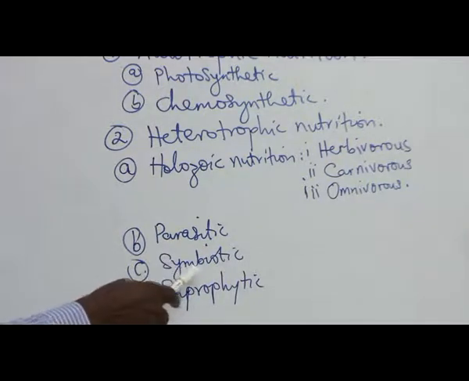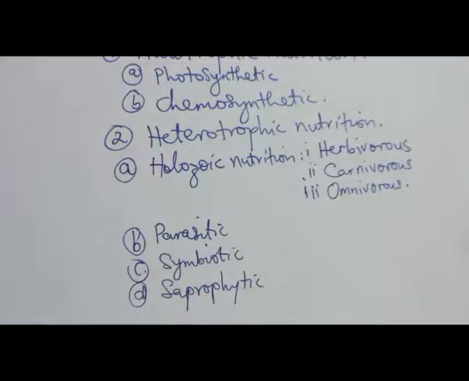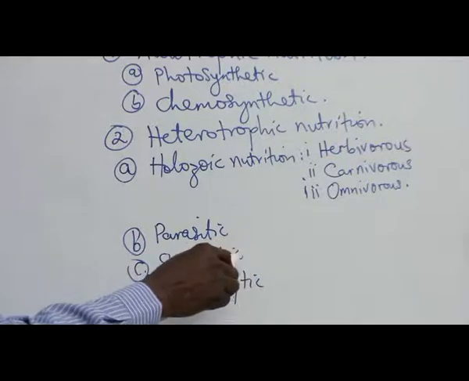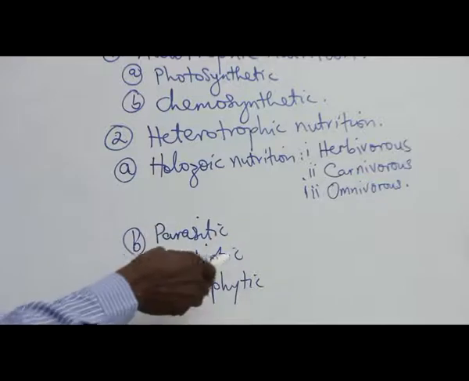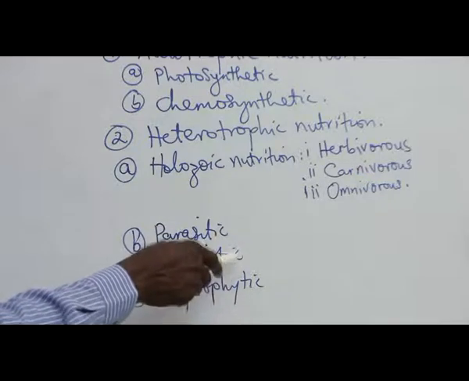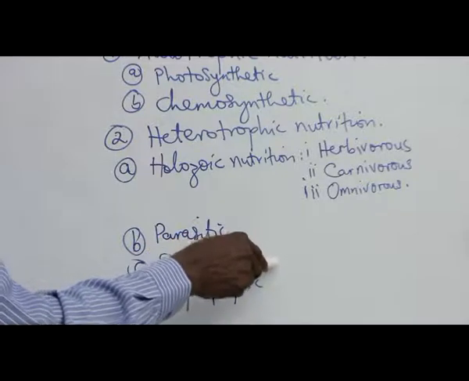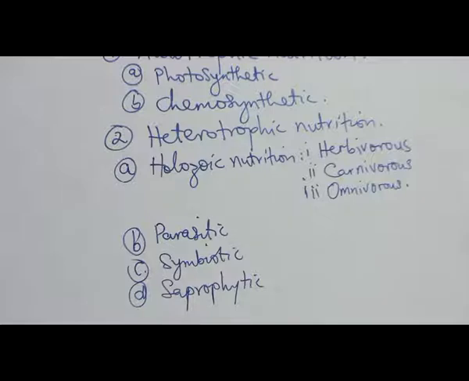An example is nitrogen-fixing bacteria in the root nodules of legumes. The bacteria help the legume to fix atmospheric nitrogen to make protein, and when the bacteria die, they decompose to produce nitrate for the plant, which the plant uses to make its own protein.